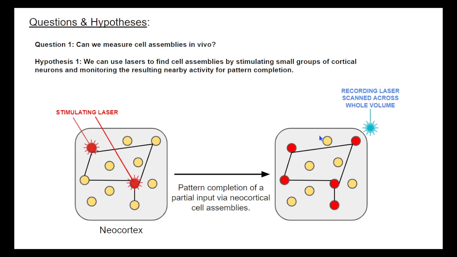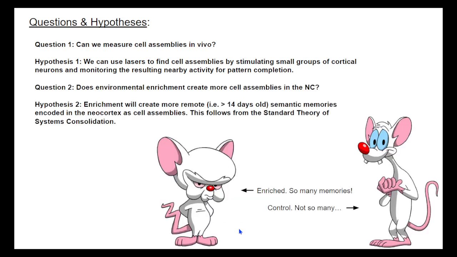We got lucky, and you see that everybody else got recruited by these 2. And so we'll refine this measure. You still might have some uncertainty if this cell assembly exists or not, but like I said, we'll get to that later. We can do better, but just as an initial concept, this is a good way to show cell assemblies in the neocortex pattern completing with our lasers.